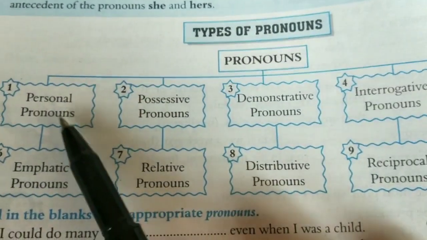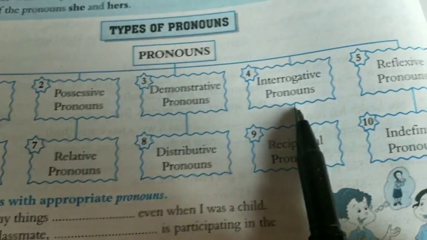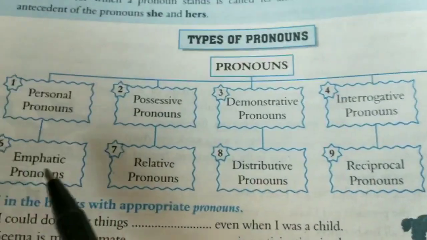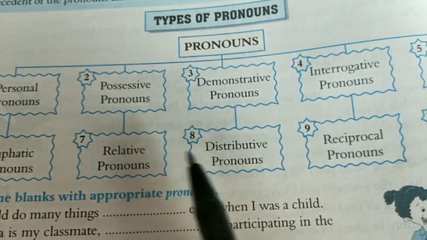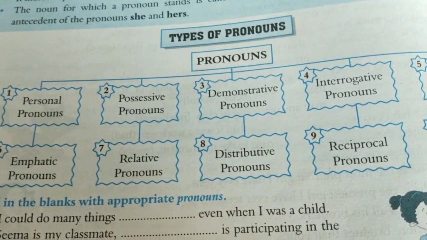So pronouns are at least 10 different types. If you can see here: personal pronoun, possessive pronoun, demonstrative pronoun, interrogative pronoun, reflexive pronoun, emphatic pronoun, relative pronoun, distributive, reciprocal, and indefinite pronoun.